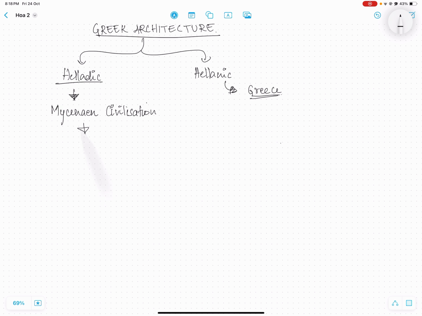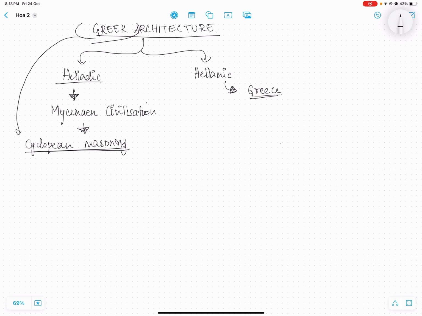So, Mycenaean architecture had something called the Cyclopean masonry. What does that mean? The Greeks were the people to name it as Cyclopean masonry, and Cyclops means giants.